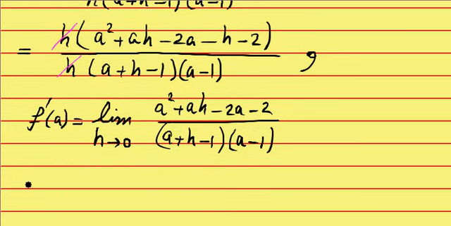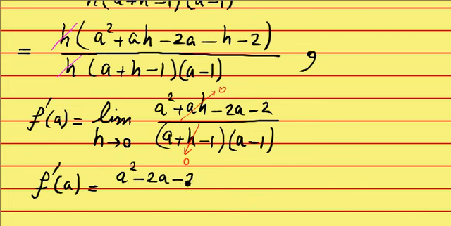We really didn't need it, so we introduce it just at the end when it kicks in. f prime of a, when h goes to 0, of course these are the things that drop out, and you are left with, in the numerator, a squared minus 2a minus 2. Denominator, you're left with a minus 1 times another a minus 1, which squares it. Okay, so that was the answer to this problem.